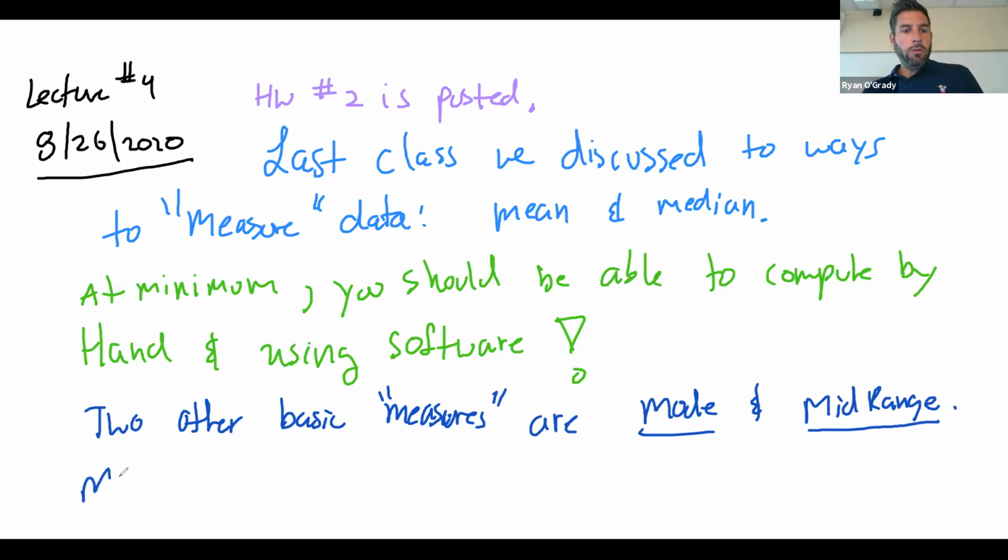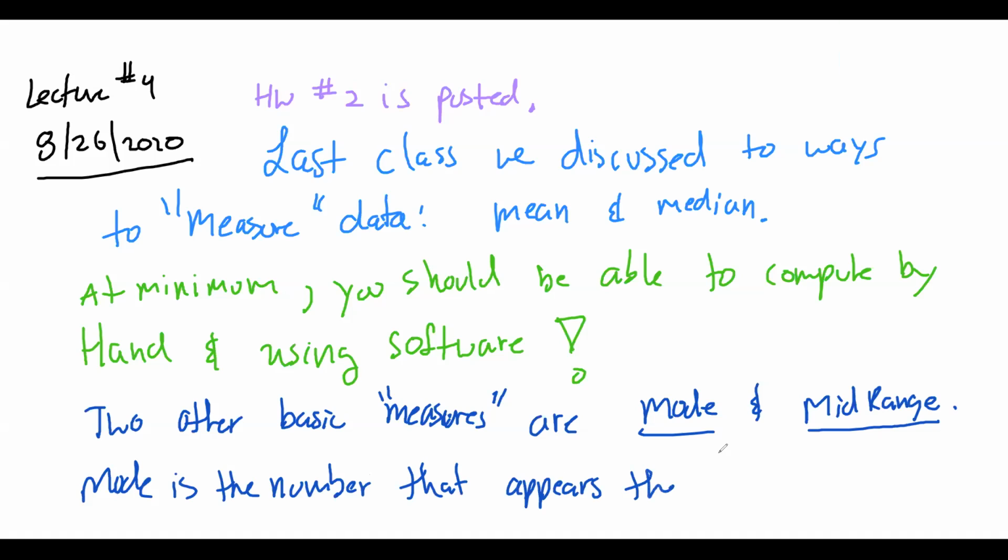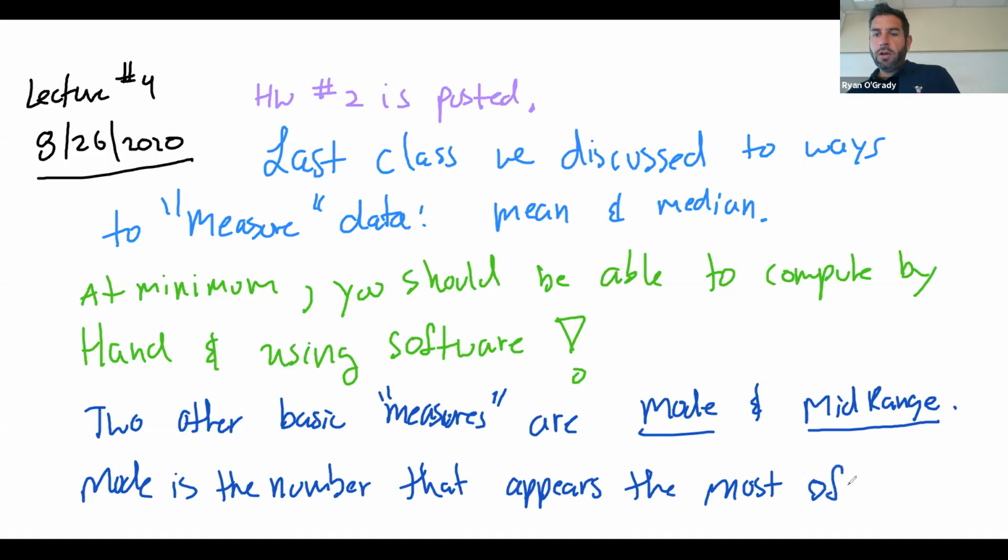So the mode is the number that appears the most. More specifically, we could say most often.